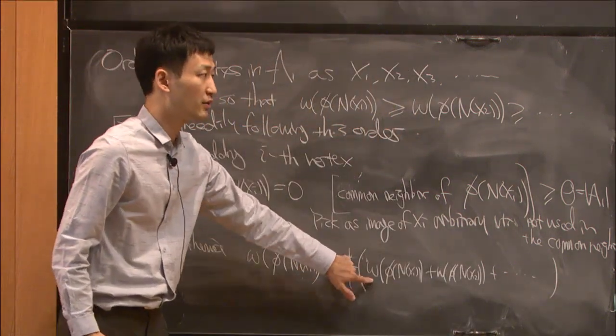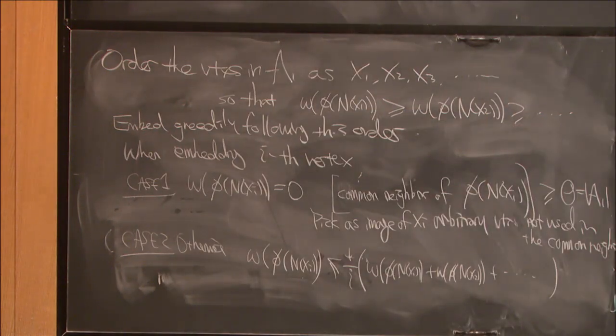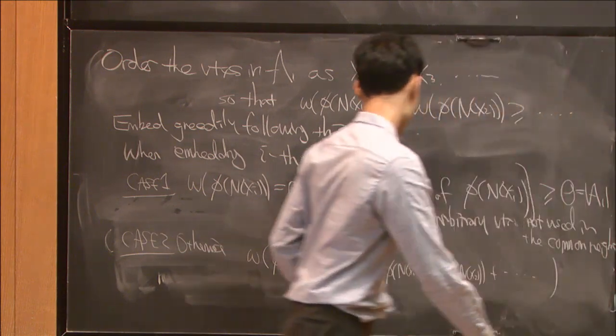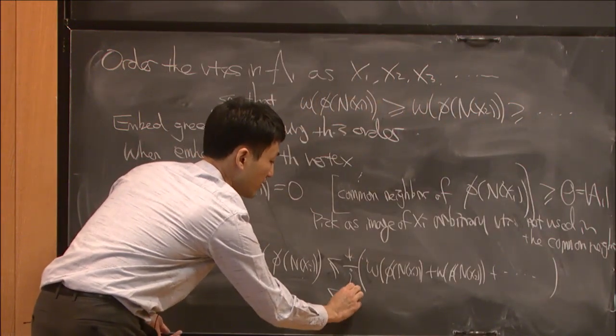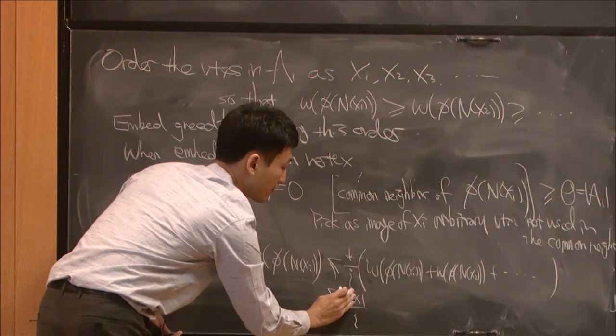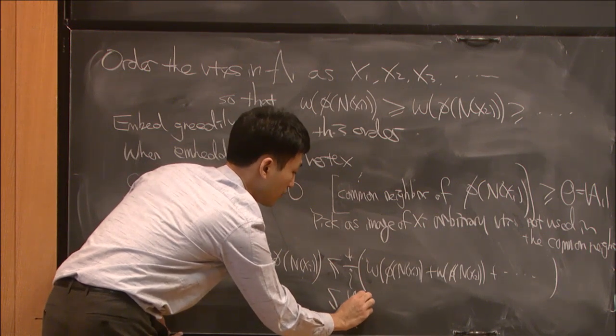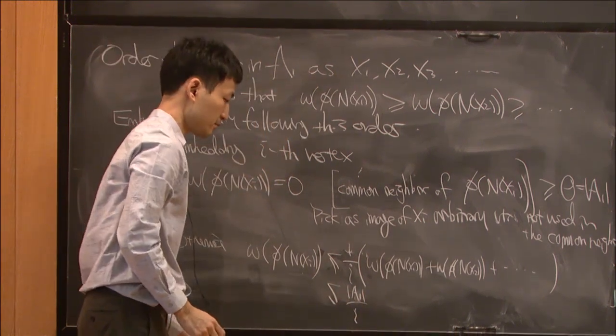Let's give a crude upper bound on this of the total sum. This is at most a1 over i, which is theta over i.